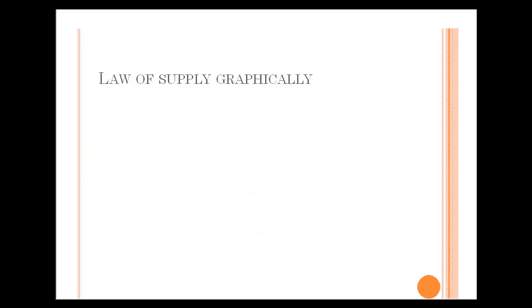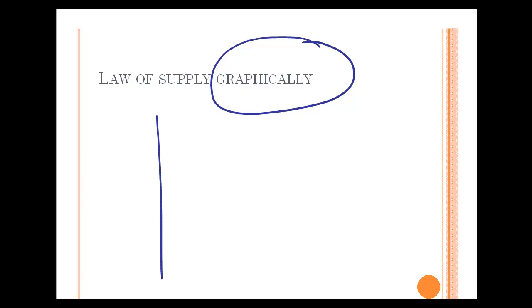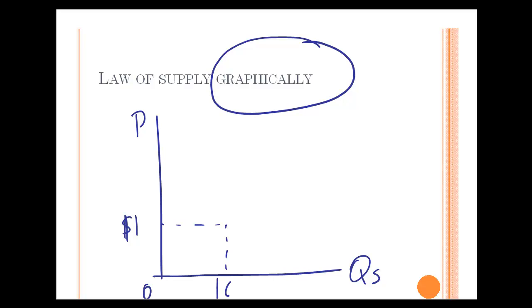We can represent the law of supply graphically in the following way. Let's look at a two-dimensional diagram. We'll put QS for quantity supplied on the horizontal axis and P for price on the vertical axis. We'll pick a price, let's say $1, and have that go along with a quantity supplied of 10. And we'll call that point A. Now we'll raise price to, let's say, $2.